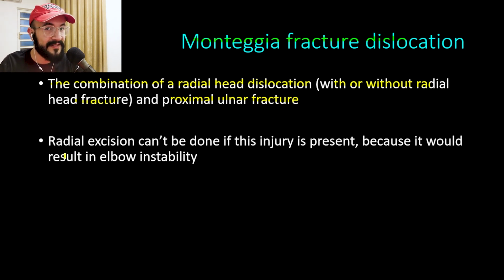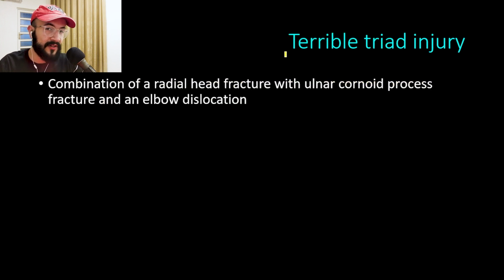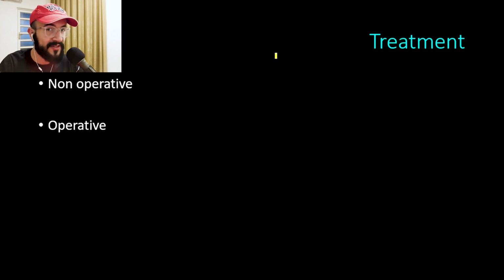And in this injury, radial head excision can't be done either because it would lead to elbow instability. We also have the terrible triad injury. In the terrible triad injury, it's a combination of a radial head fracture with an ulnar coronoid process fracture and an elbow dislocation.